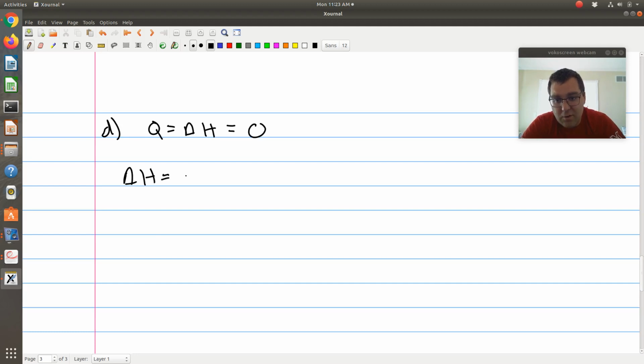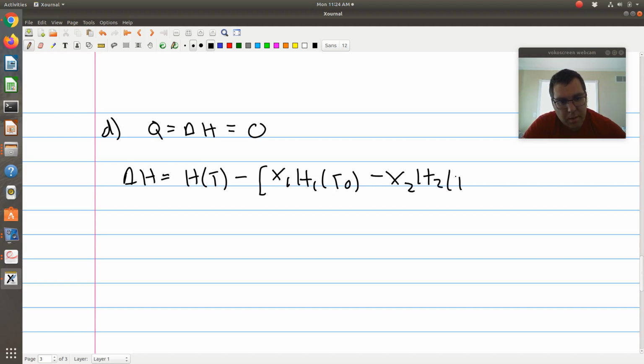ΔH would be the enthalpy at this final temperature, minus, working in terms of intensive quantities, X1 H1 at T naught minus X2 H2 at T naught.